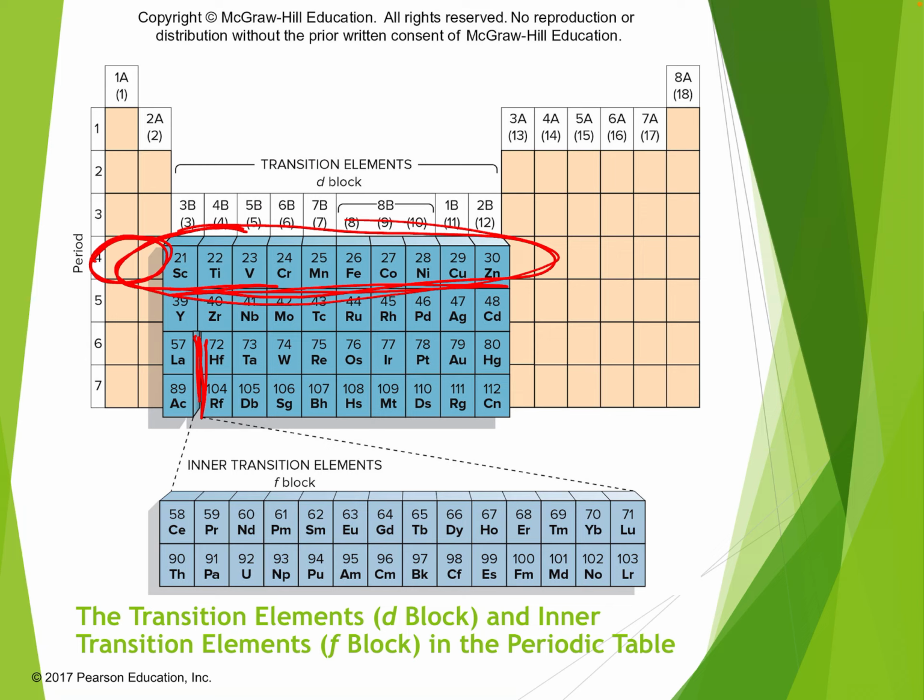So in reality, they really still have 2 valence electrons in this 4s orbital. So even though we're adding more electrons to the 3d, these 4s electrons are the ones that are really still acting like the valence electrons. So all of them only have 2 valence electrons, even though they're gaining electrons as we go across the periodic table. So this causes them to have similar properties.